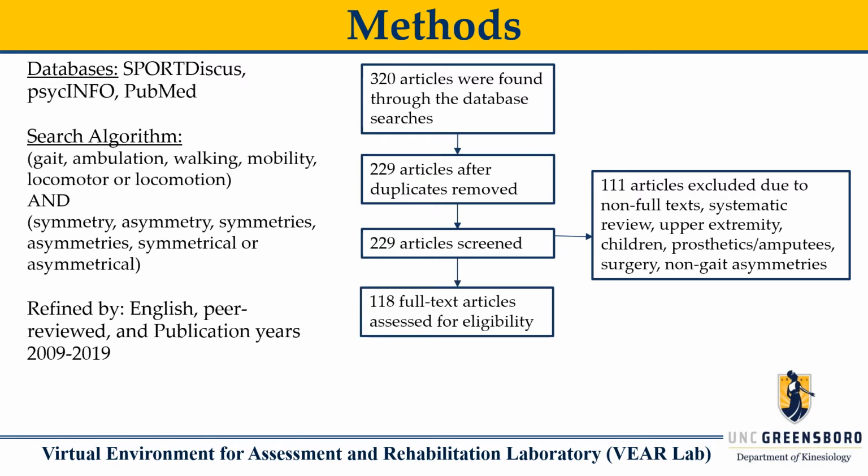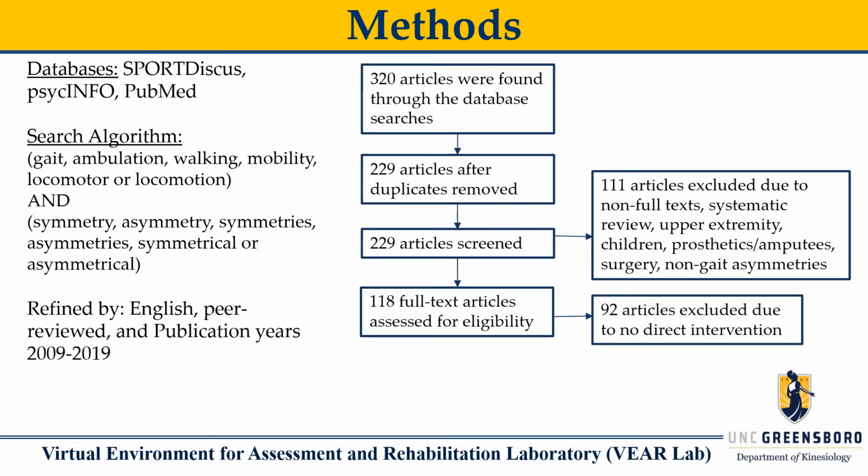This resulted in 118 full-text articles to assess for eligibility. We also focused on a direct intervention to correct the gait asymmetries. So 92 articles were excluded if they had no direct intervention. And this left us with 26 studies included in our systematic review.